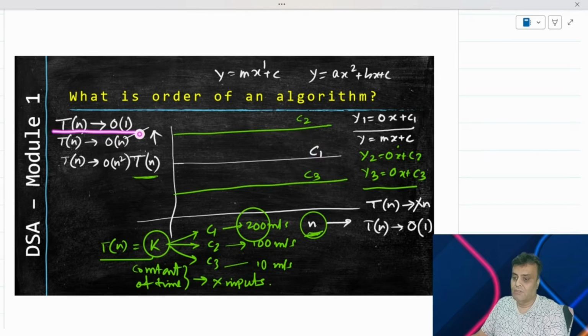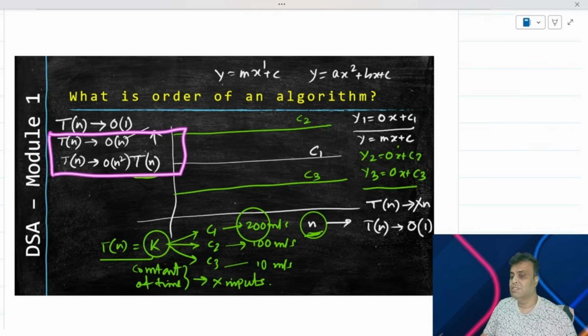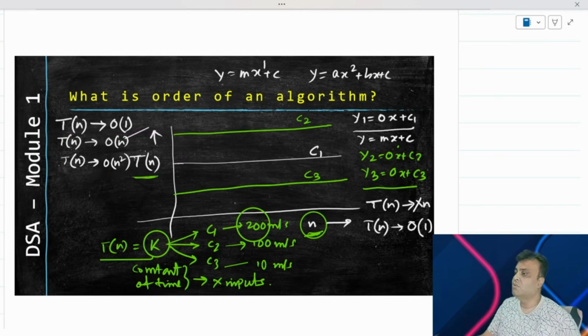So the first category of algorithm is this, which says I'm not going to change if you change the inputs. I will always execute in a constant amount of time. And the second category of algorithm is this, which says I'm going to change with the inputs, and I'm going to change with different asymptotic polynomial equations that I will represent.